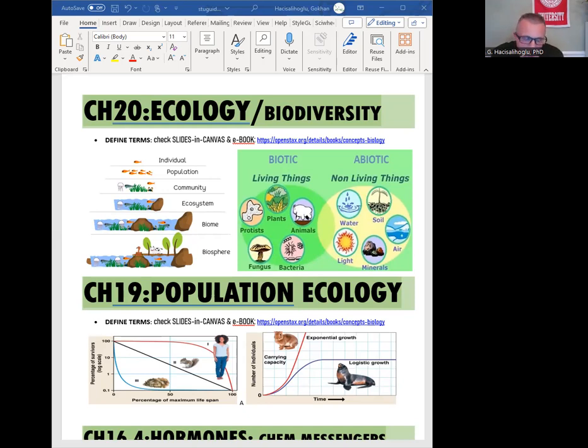Next level up is biome. A biome is several ecosystems, a large area of the biosphere that may have a unique climate. Examples are tropical rainforests, deserts, or grasslands.